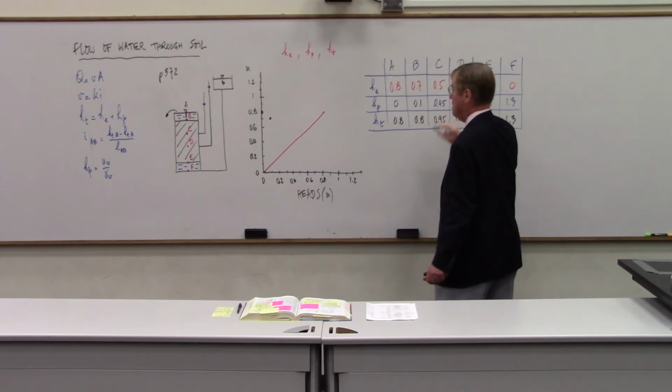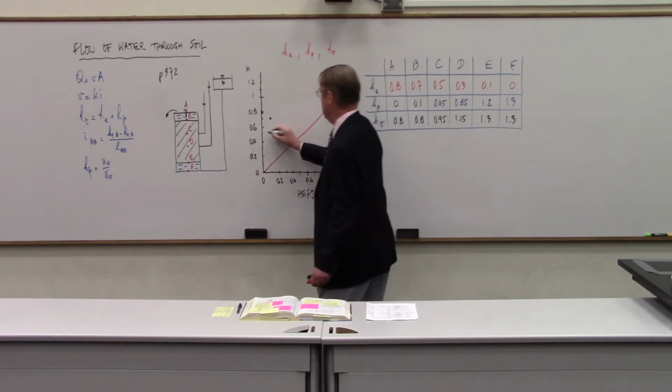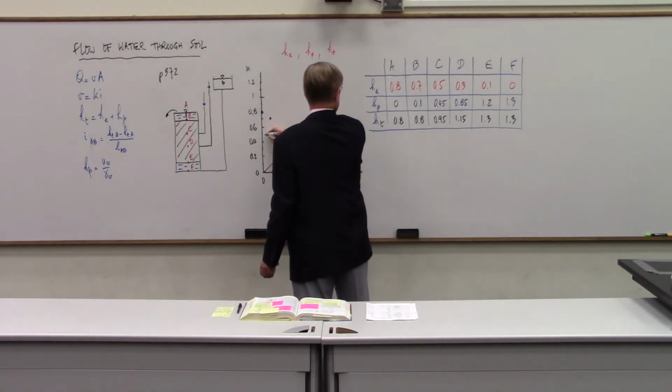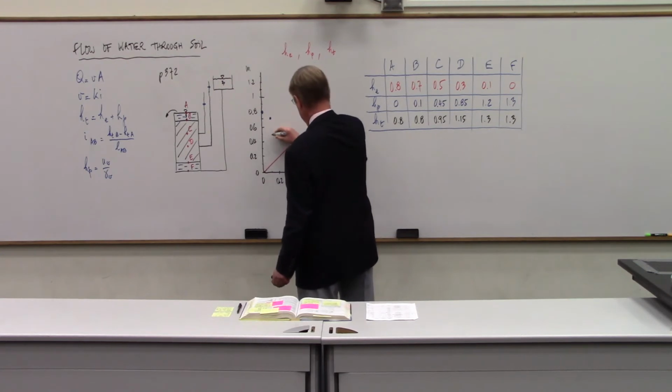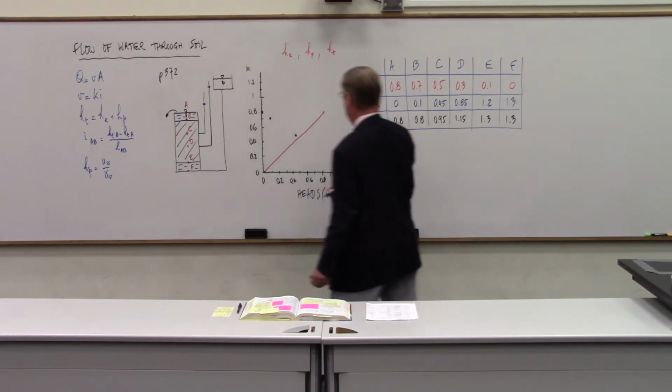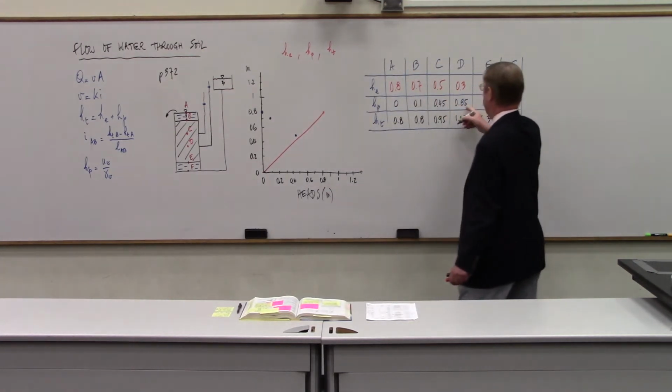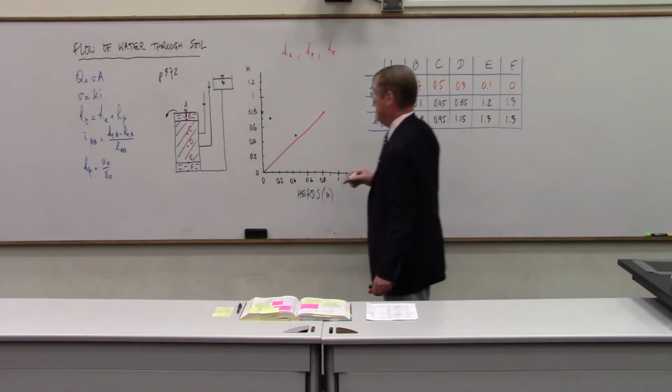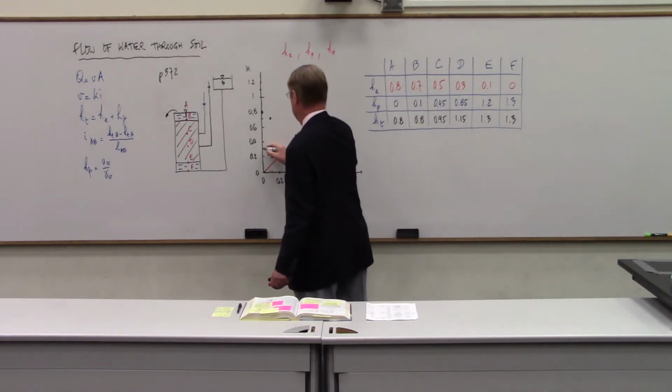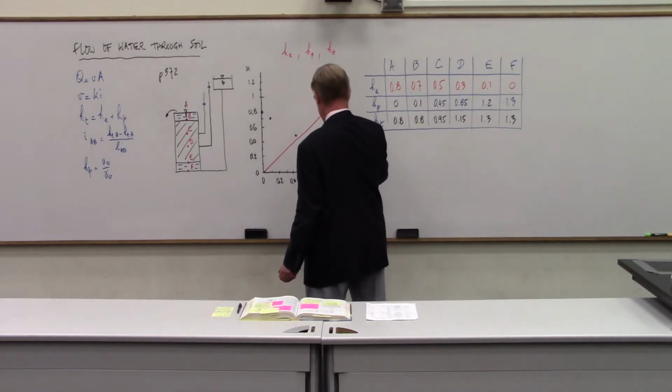And then at C, and again, C was at 0.5, my diagram is not quite right, I've got 0.45. So I'm right here at C. And then at D, I've got 0.85. And D was at 0.3. 0.85 is right here.